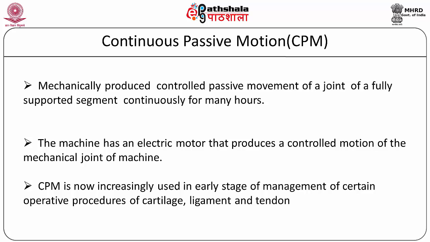This observation has led to the development of continuous passive motion, a machine that produces controlled passive movement of a joint of a fully supported segment continuously for many hours. The machine has an electric motor that produces a controlled motion of the mechanical joint of the machine. CPM is now increasingly used in the early stage of management of certain operative procedures of cartilage, ligament and tendon.